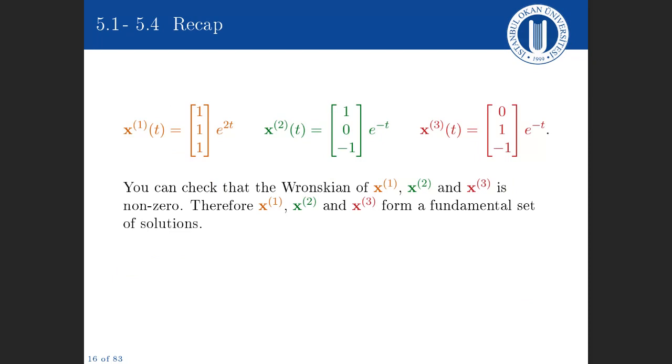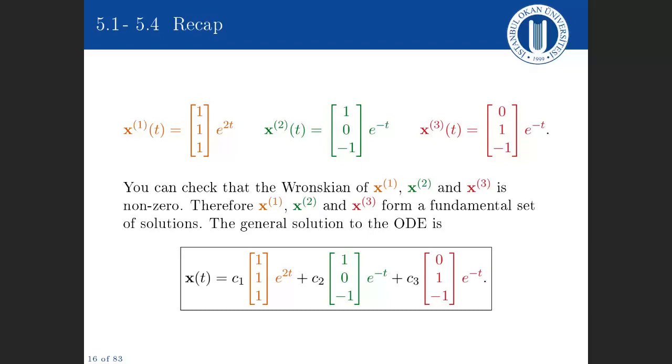How do we know they're linearly independent? We calculate the Wronskian of them. I'm going to leave that for you to do. You can check that the Wronskian of these 3 functions is non-zero. That means that these 3 functions form a fundamental set of solutions. And if we have a fundamental set of solutions, then straight away we can write down the general solution to the linear system.